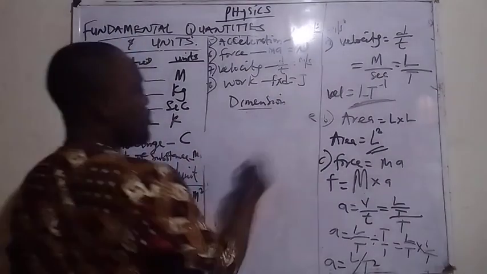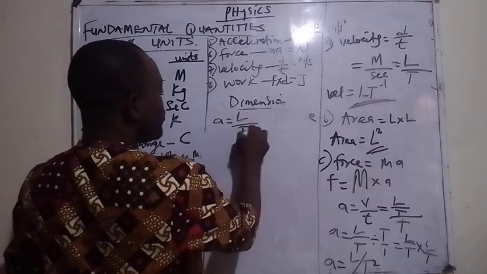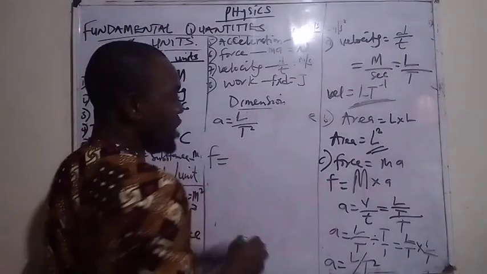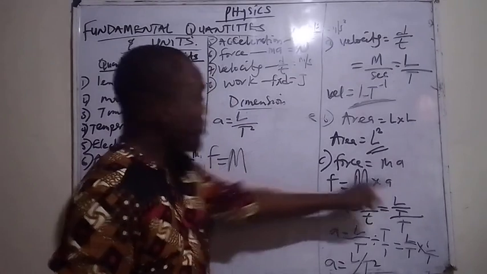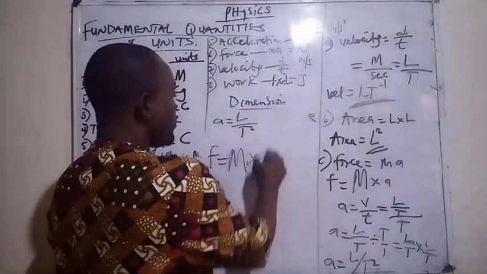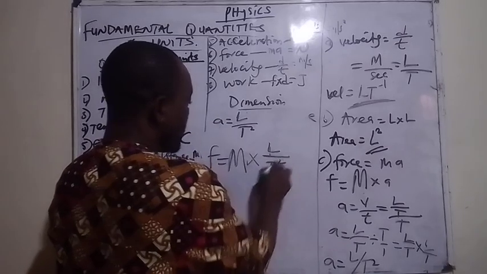Okay, now remember, acceleration is L over T squared. So force will now be M, and in place of acceleration we replace it with L over T squared. So we have times L over T squared.